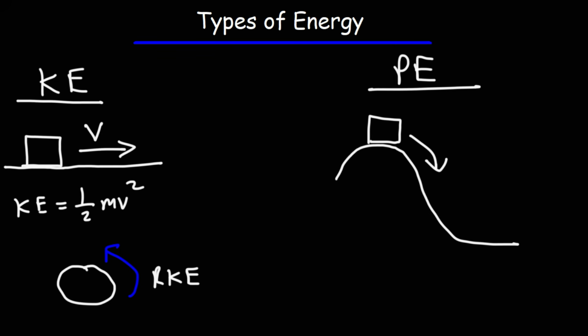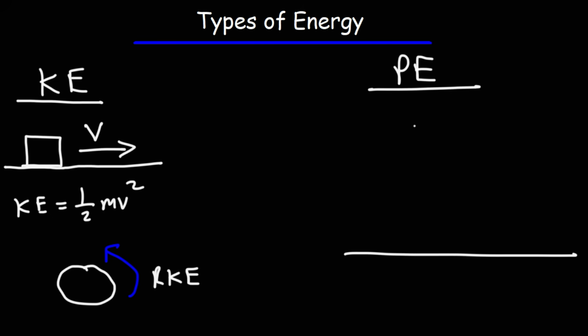When it's sliding down, it's going to have kinetic energy. But if it remains at rest at that position, it has the ability to fall. Or, let's say we put a ball above ground level, that ball has the ability to fall. So it has stored potential energy.